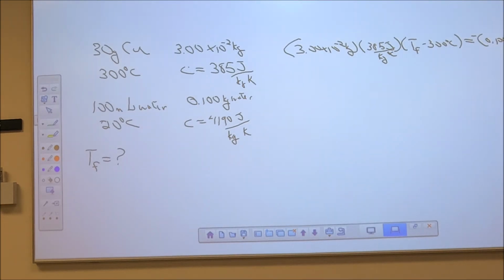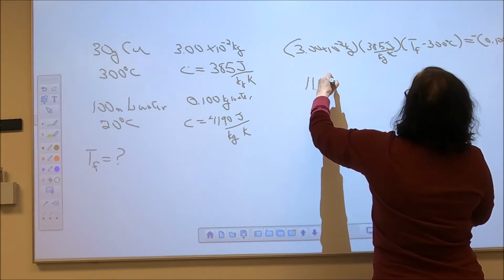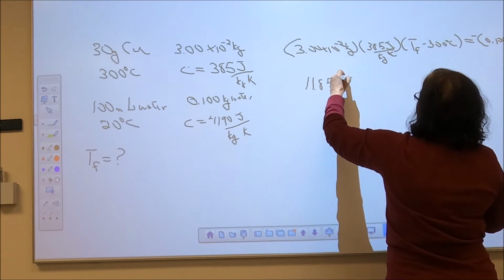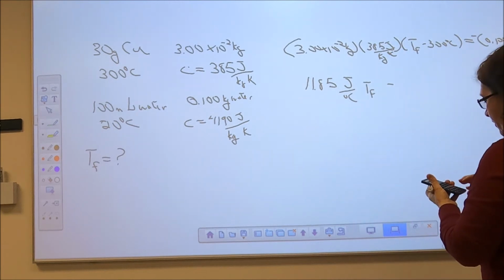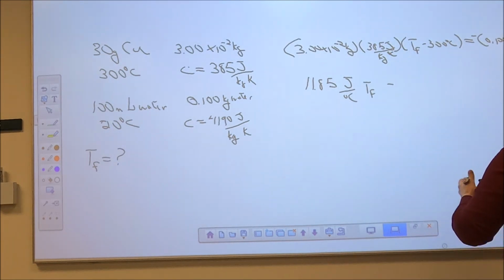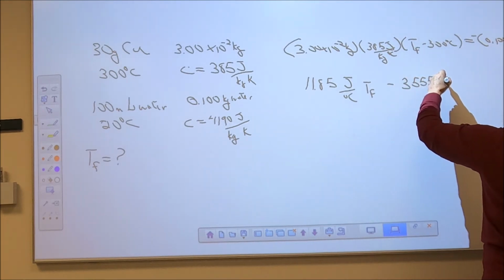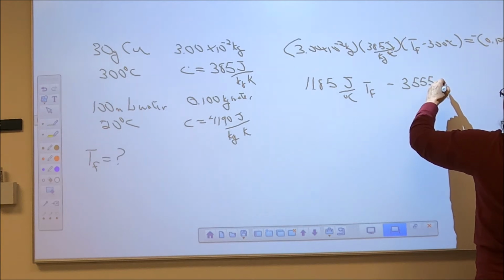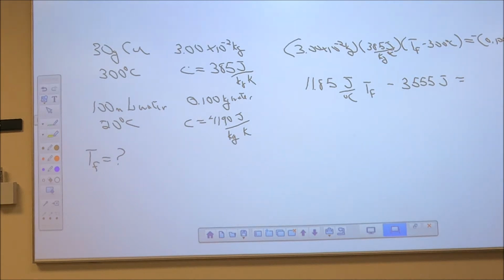So I have 3 times 10 to the minus 2 times 385. So I have 11.85, and notice the kilograms and kilograms divide out, joules over degrees C, T final, minus 3,555 joules, equals 0.1 times 4,190.